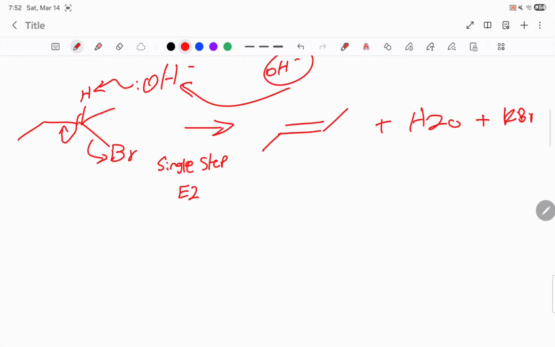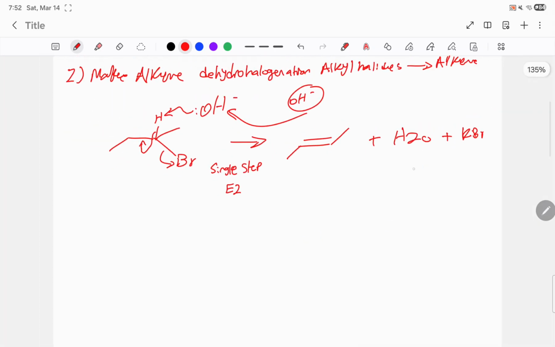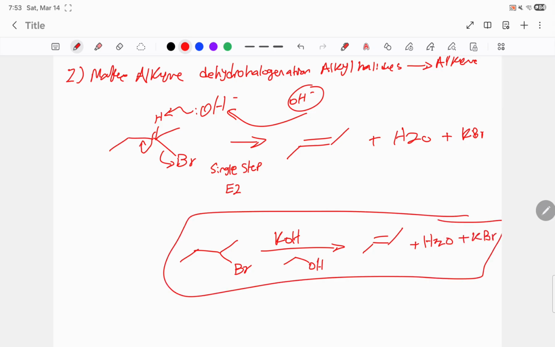So this is actually the full reaction. We start off with my alkyl halide, and by the addition of potassium hydroxide in an ethanol solvent, here's my ethanol solvent, I will get, boom, the alkene plus water and KBr. So this is the entire full reaction, if you're curious.